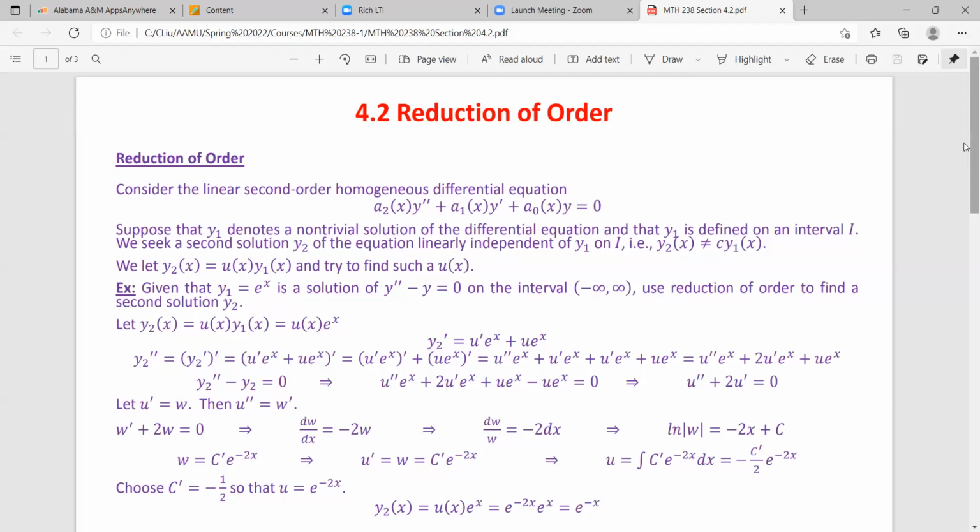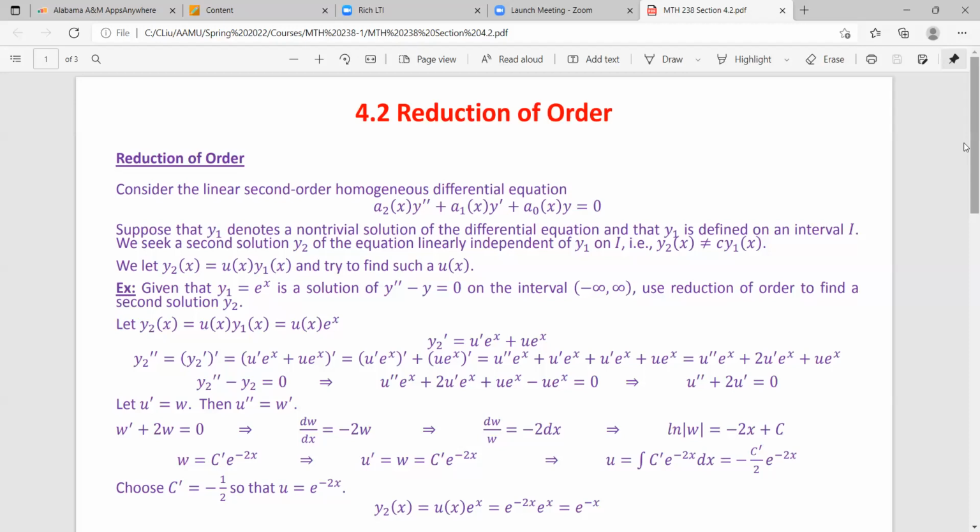So we have to break up into different parts to solve a general linear higher order differential equation. We're going to discuss those topics one by one in the following. And again, there are a lot of steps involved.